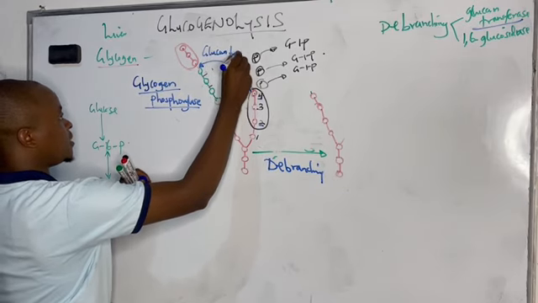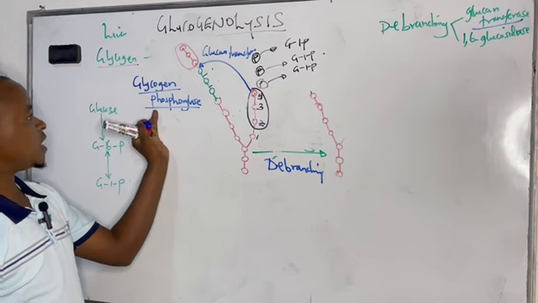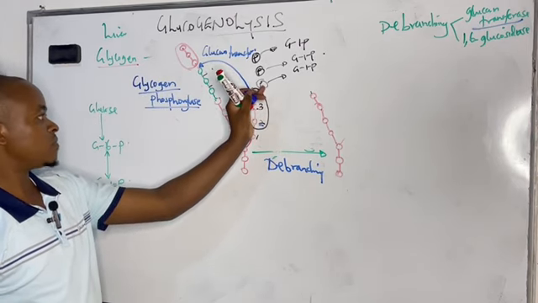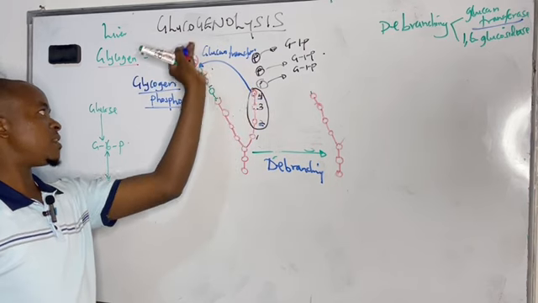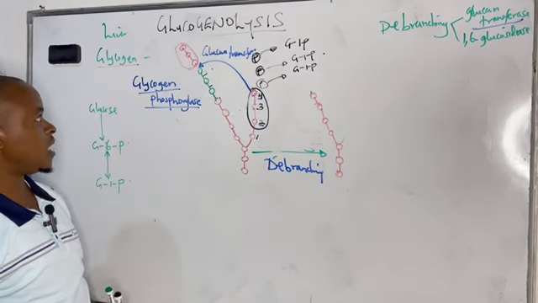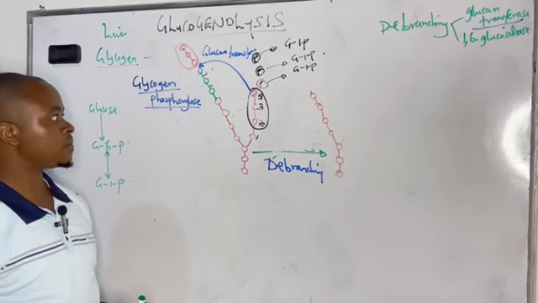The glucan transferase enzyme transfers when the phosphorylase stops at carbon number 4. It comes, picks the 3 glucose molecules and transfers them to the adjacent branch. That is the action of the glucan transferase, which is a debranching enzyme.